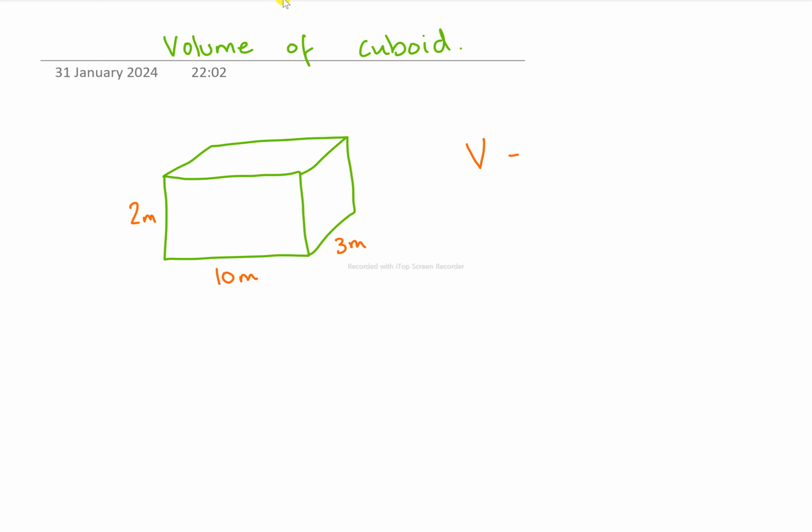The volume is, let's call this the width, how wide it is, W. We'll call this here the depth, how deep it is.